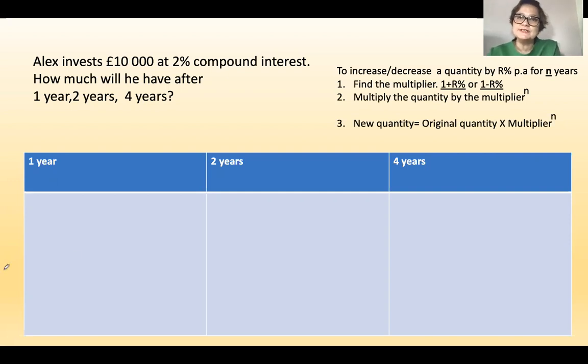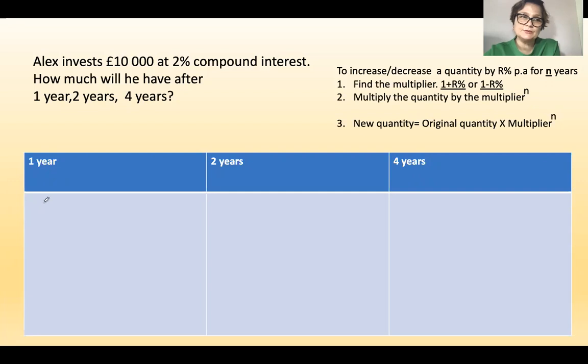Now, if you follow the steps, the first thing we need to do is to find the multiplier. In this case, it's compound interest, so it grows. So it is an increase from the original amount, and it grows by 2% each year. So the multiplier is 1 plus r%.